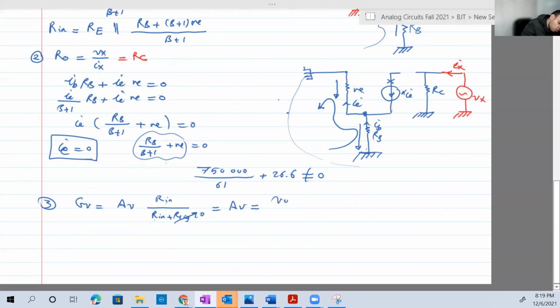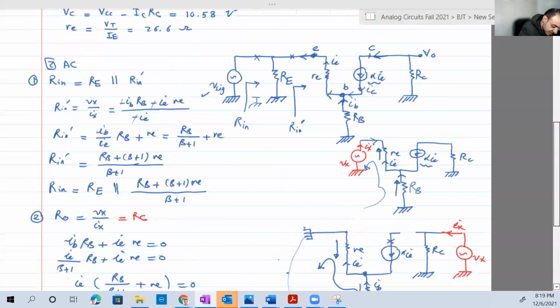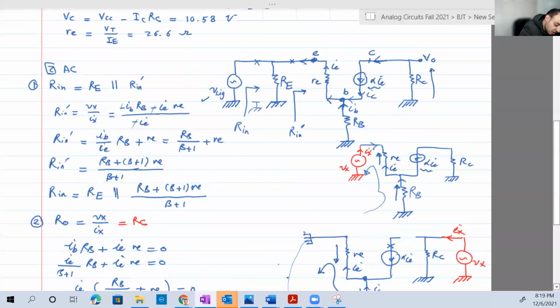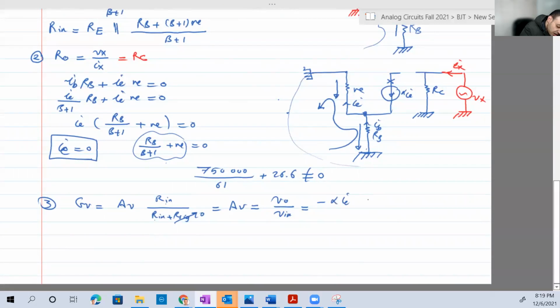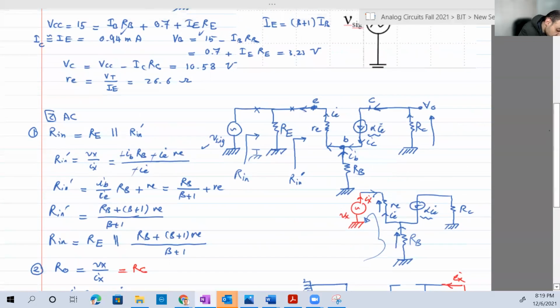What's EV? It's VO over VIN. Let's look at the original equivalent circuit here. VO is this voltage here, which is the current across RC, which is minus alpha IE multiplied by RC. And V input is the voltage across RE, from this point to the ground. We can express the voltage across RE, but we don't know the current of RE. But we can do it from that loop.